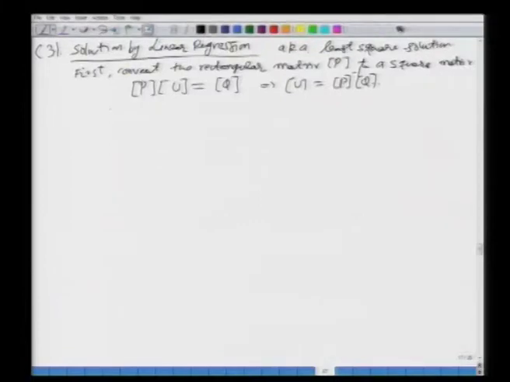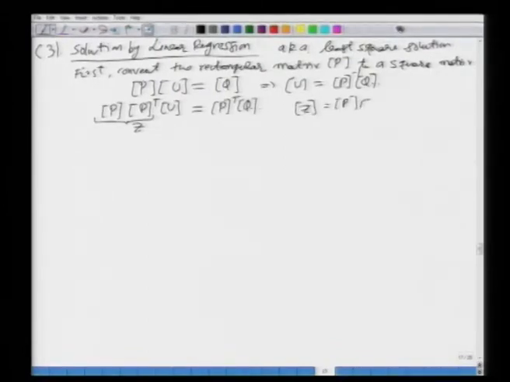If we did that, we will have P transpose P times U is equal to the transpose of your P matrix times your Q. So, we are multiplying by the transpose on both sides, and let us say that this we call the Z matrix, where your Z is equal to what?